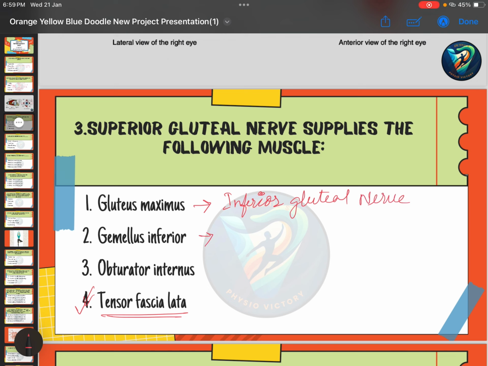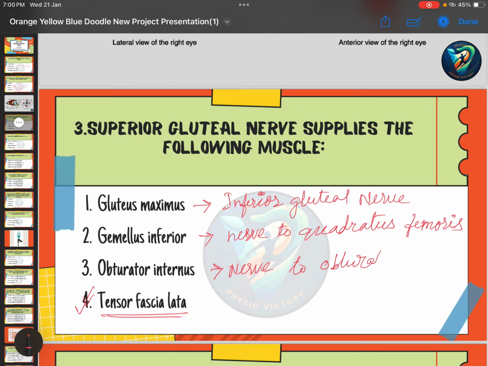Gemellus inferior is supplied by the nerve to quadratus femoris, and obturator internus is supplied by the nerve to obturator internus.